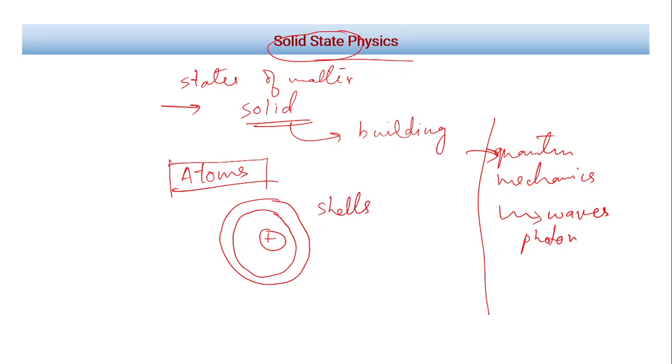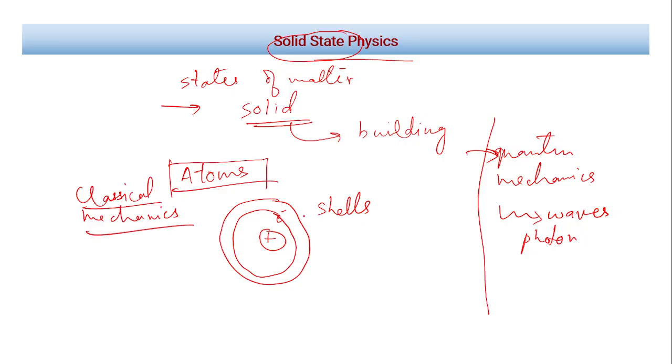And in these shells, we have electrons revolving around the proton. And because of this, we have angular momentum, orbital angular momentum.